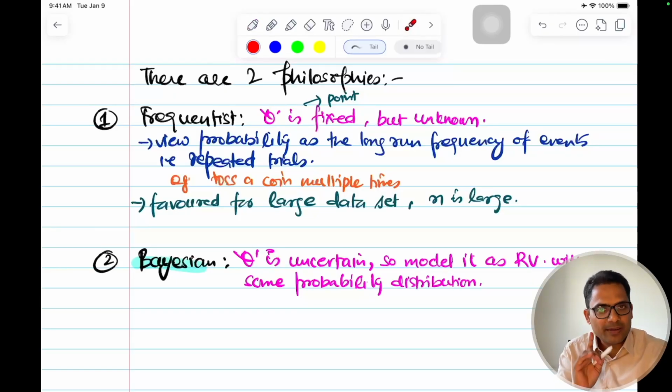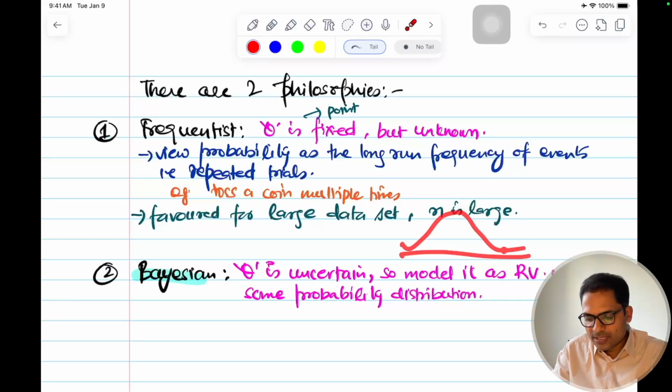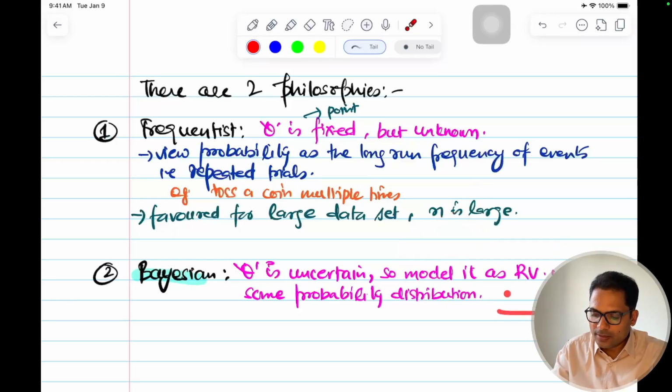So the main difference: the frequentist said that I will get a theta which is fixed, a one point estimate. Here it says that theta is uncertain and I'll model it as a random variable which will have some distribution which I don't know. Say, for example, if this is Gaussian, I will estimate the mu and sigma of this distribution. It is not one point. It is a whole spectrum of values that theta can take.